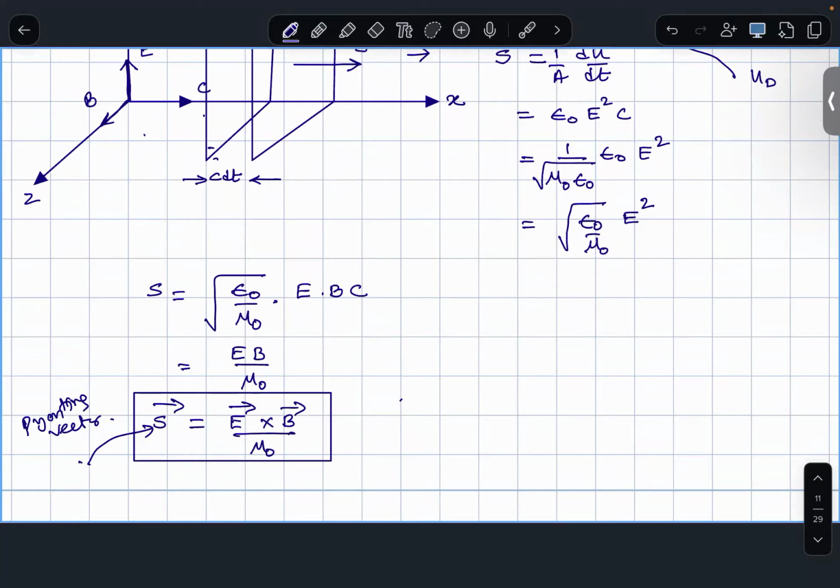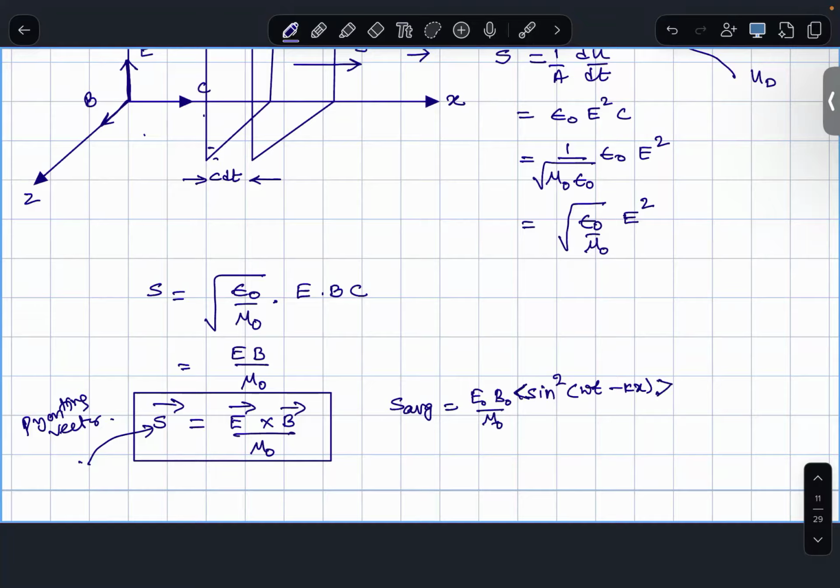If I take the S average value, what will you get? One minute. I can write E naught, I can write B naught, I can write sin square of omega t minus kx, by mu naught.